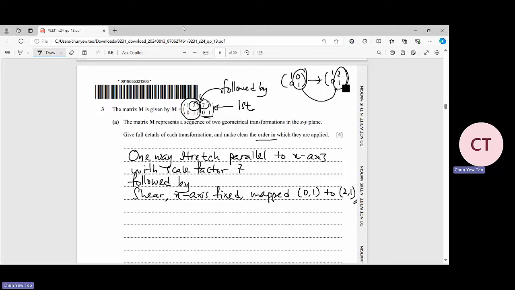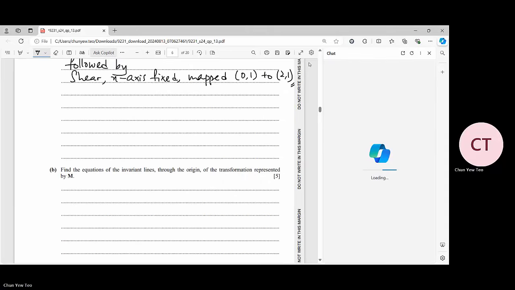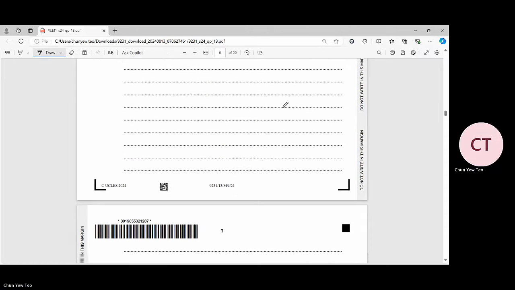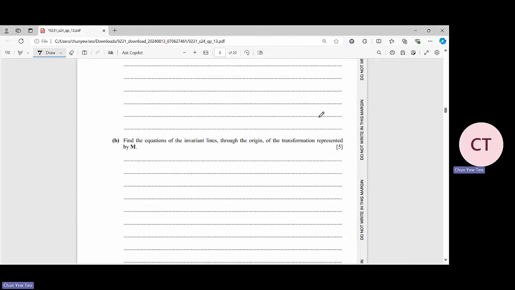Now we move on. Question B. Find the equations of the invariant line through the origin of the transformation represented by M. So first of all, we need to multiply the product. Just multiply this, become one matrix.